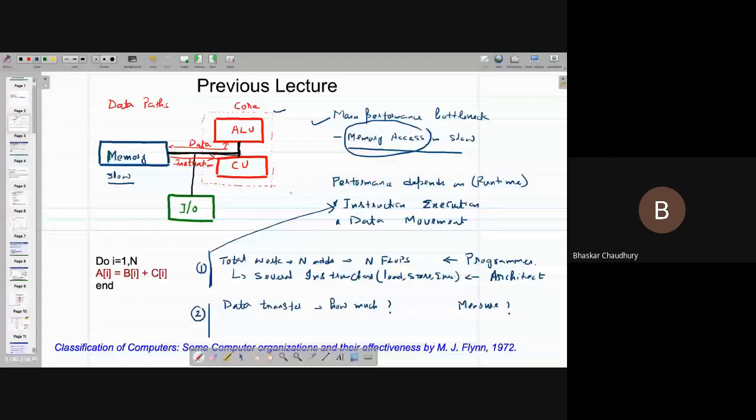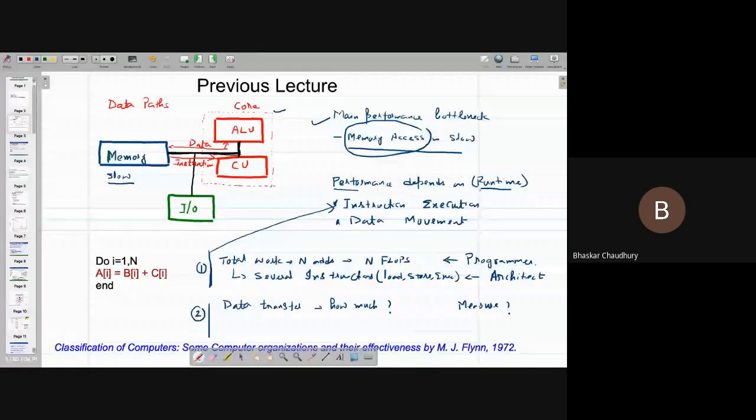A couple of other things which we discussed was that when you talk about performance, performance means the total runtime of a code. The total execution time of a code primarily depends on two important times. Primarily, there can be a third thing which will come later. It is the instruction execution, that is how much time it took to compute, for which the ALUs are primarily responsible.